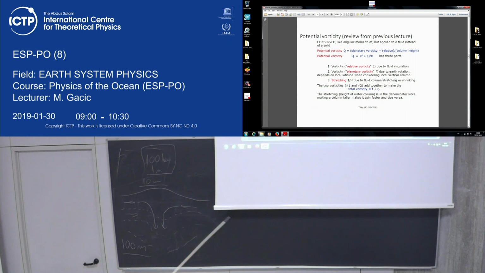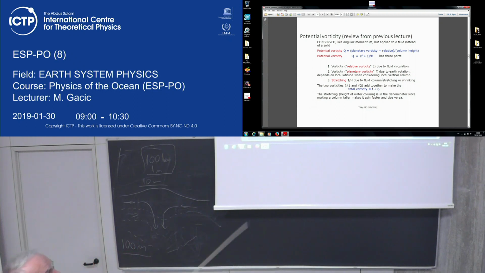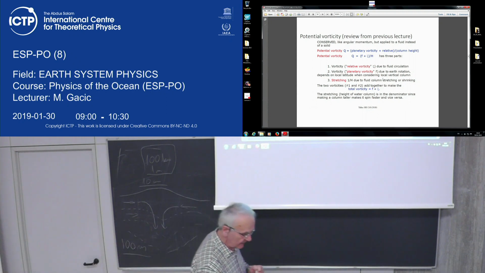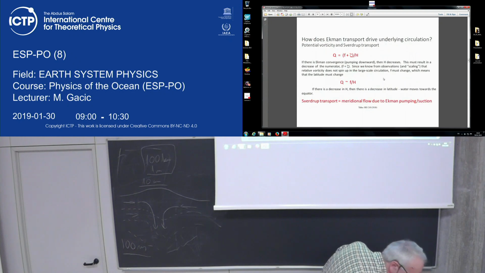If you talk about the large scale motions, then we have to consider f plus zeta over h, the relative and planetary vorticity and the stretching due to the fluid column stretching. This stretching or squeezing appears not only in the long term average flow, but also in wave-like solutions, as we saw in the Kelvin wave solution a few minutes ago.